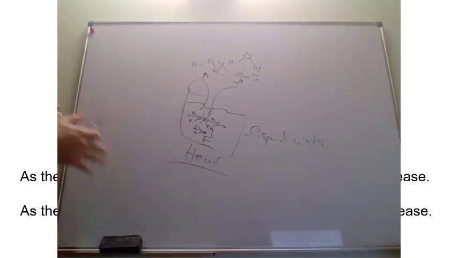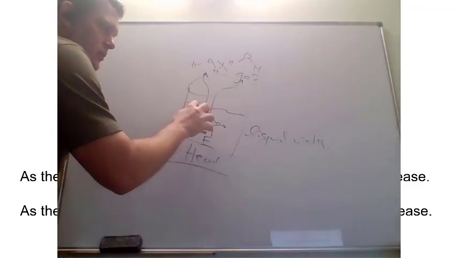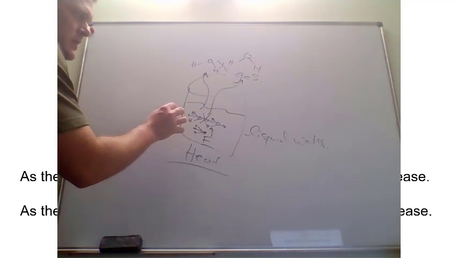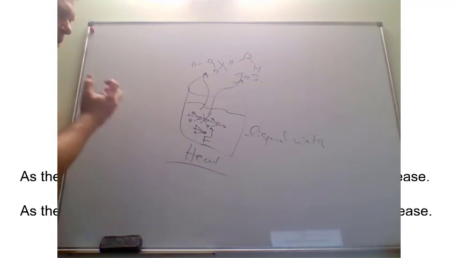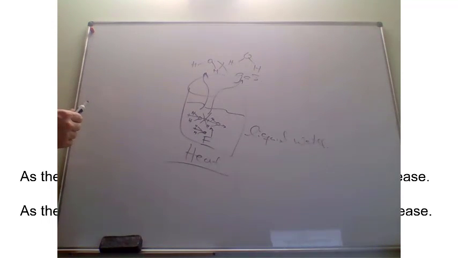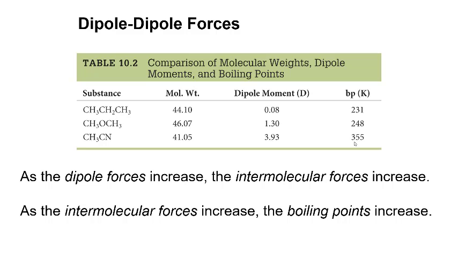So it makes sense that the stronger the intermolecular force interaction that holds these molecules together in liquid form, the higher the heat that we have to add in order to break them apart into gas. So therefore, the higher the boiling point. So this is a very important concept here.